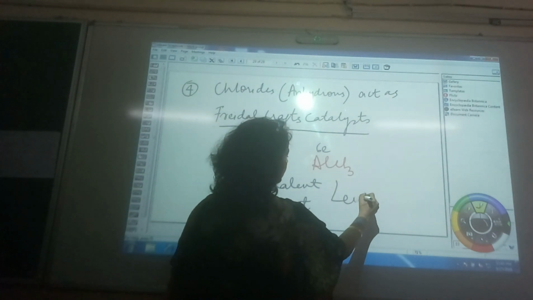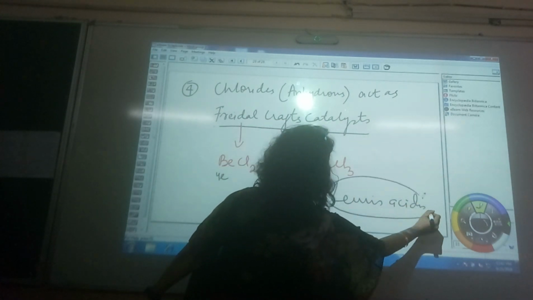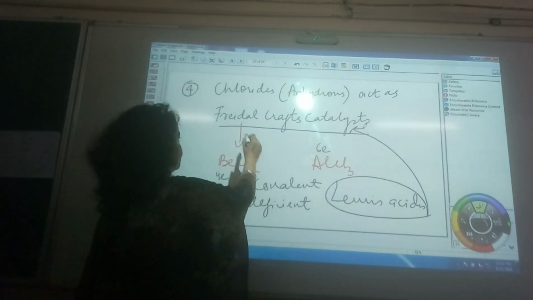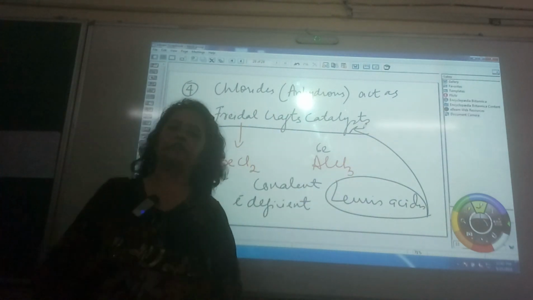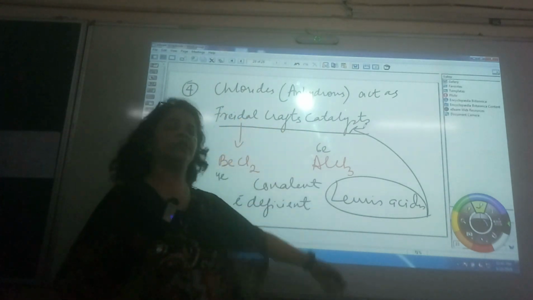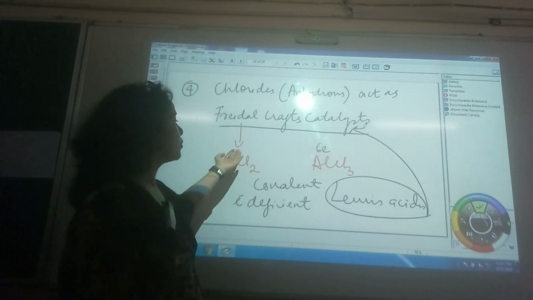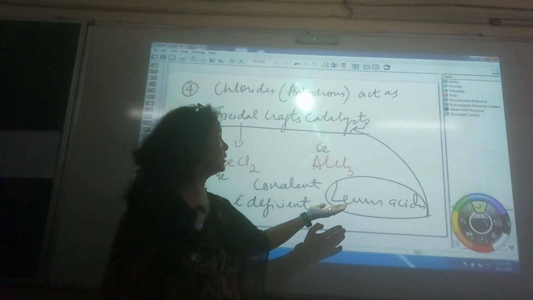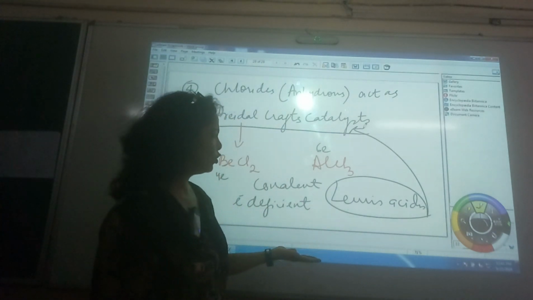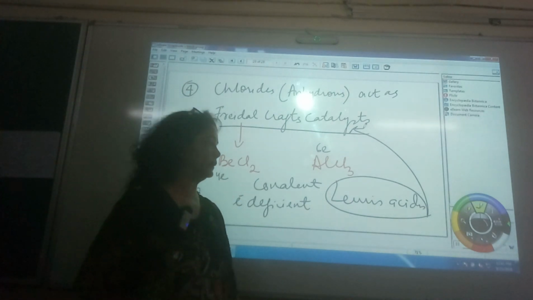Hence both are Lewis acids, and Lewis acids are required as catalysts in reactions conducted by Friedel-Crafts. This we would do when we do organic chemistry. The Friedel-Crafts reaction is an important part of organic chemistry where you can use beryllium chloride or aluminium chloride as a catalyst only because they are good Lewis acids. No other reason for them to act as Friedel-Crafts catalysts.